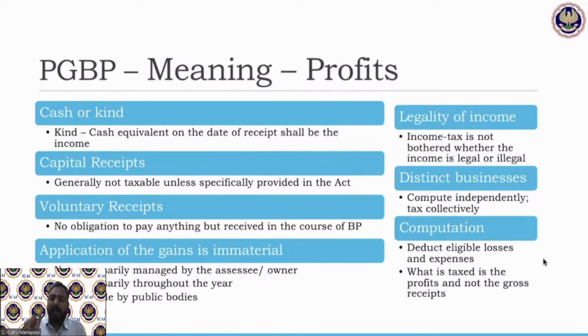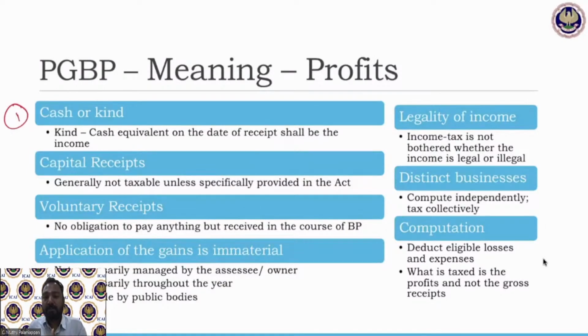Now, one thing that we need to understand is that there are principles to know when you should call something profit and gains. The first thing is cash or kind, which means the business transaction that you do can also be a barter system. We all remember 11th standard commerce, right?